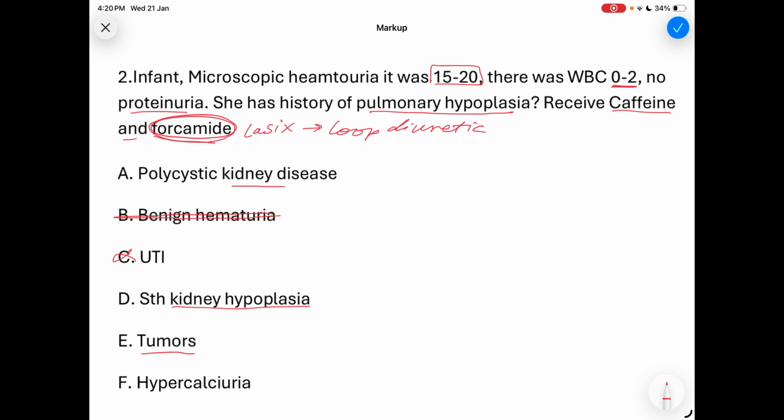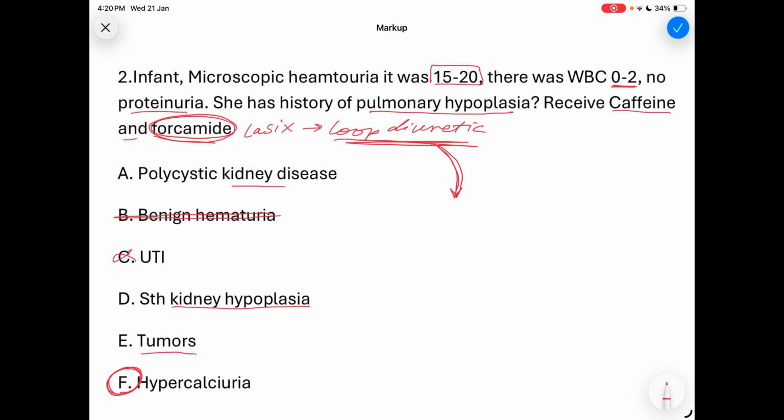Okay, wait. So the most likely, which I see, is hypercalciuria, for one thing. No infection. وقلنا إنه she received caffeine furosemide. A loop diuretic causes excretion of potassium, of sodium, of calcium.